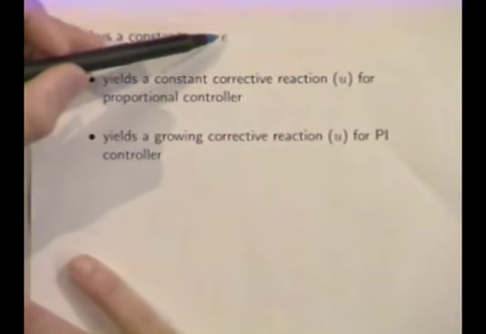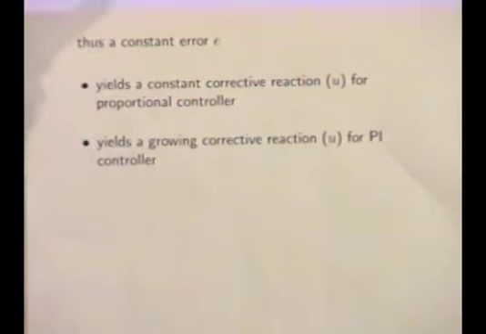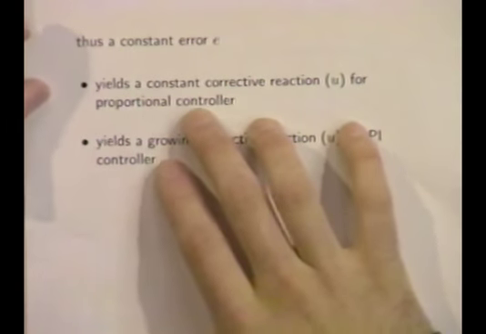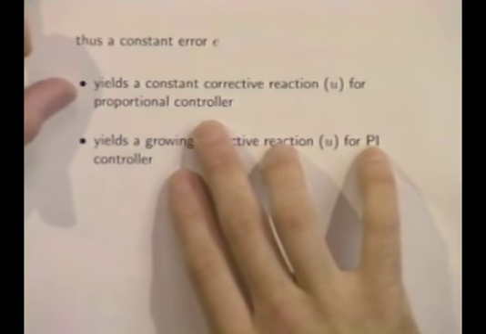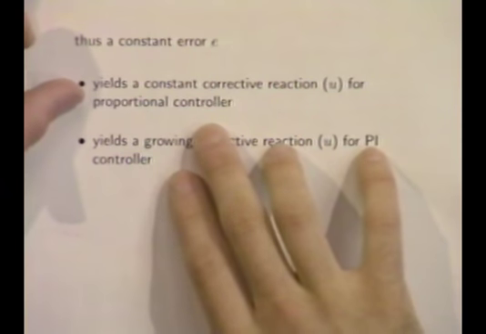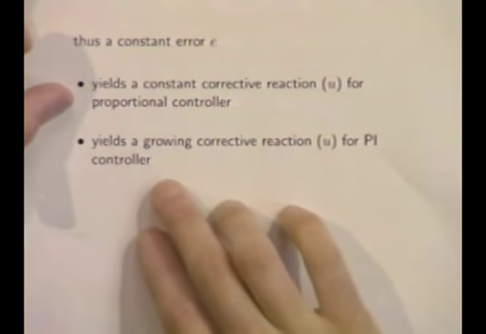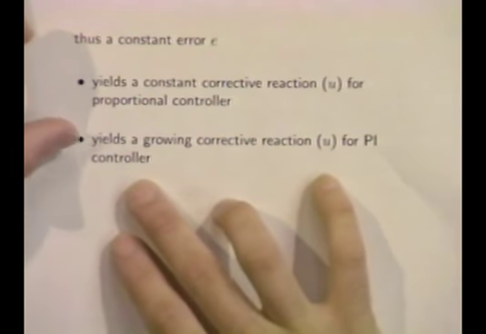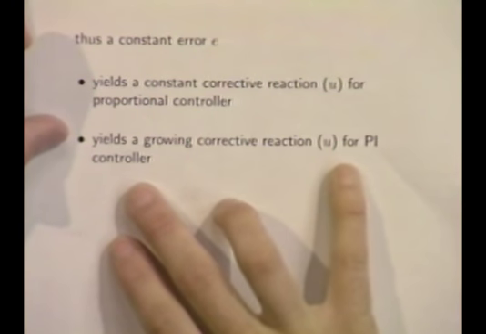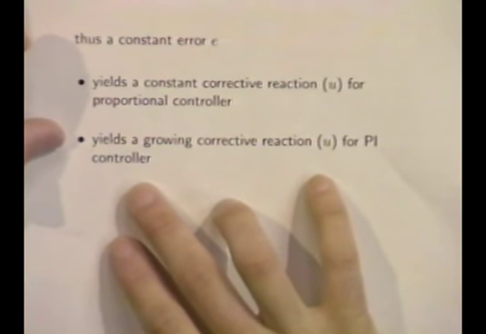A constant error E yields a constant corrective reaction from the proportional controller part, and it gives you a growing corrective reaction from the integral part.